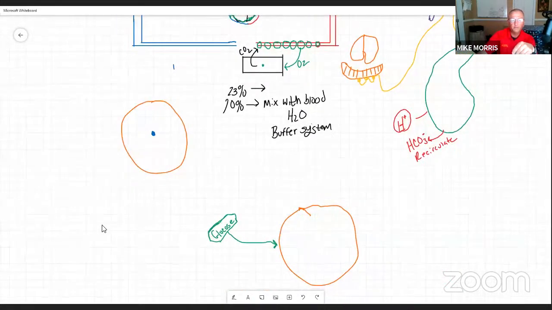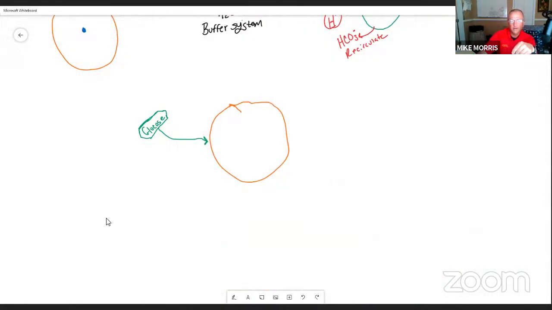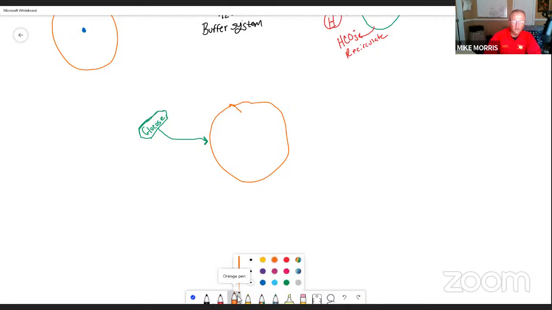Let's go back over here and talk about glycolysis because it plays a role here too. So glucose needs to come into the cell, right? And ideally, who would you want glucose to meet up with in the cell?